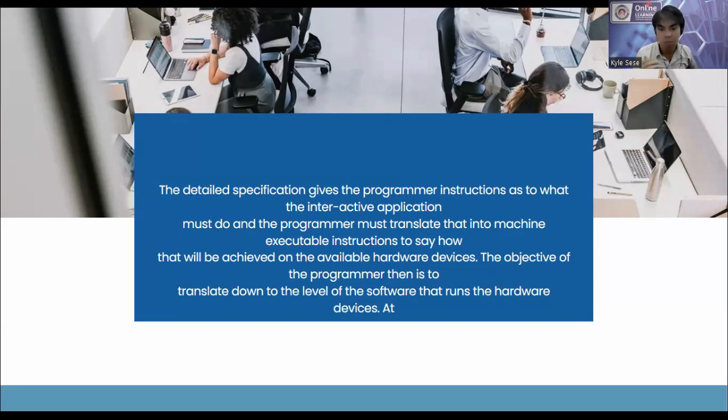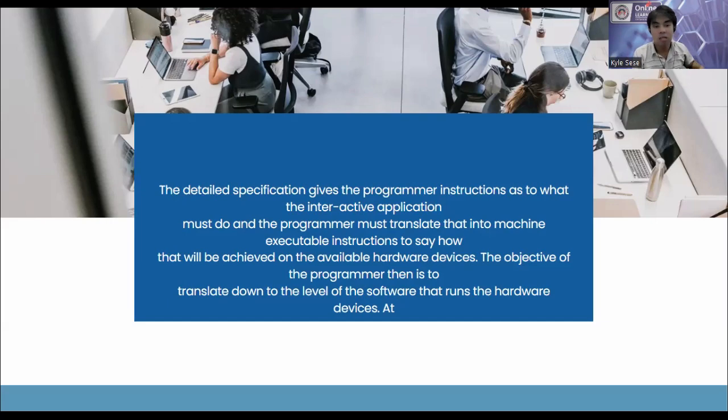We have spent much effort up to this point considering design and analysis of interactive systems from a relatively abstract perspective. The detailed specification gives the programmer instructions as to what the interactive application must do, and the programmer must translate that into machine executable instructions to say how that will be achieved on the available hardware devices.